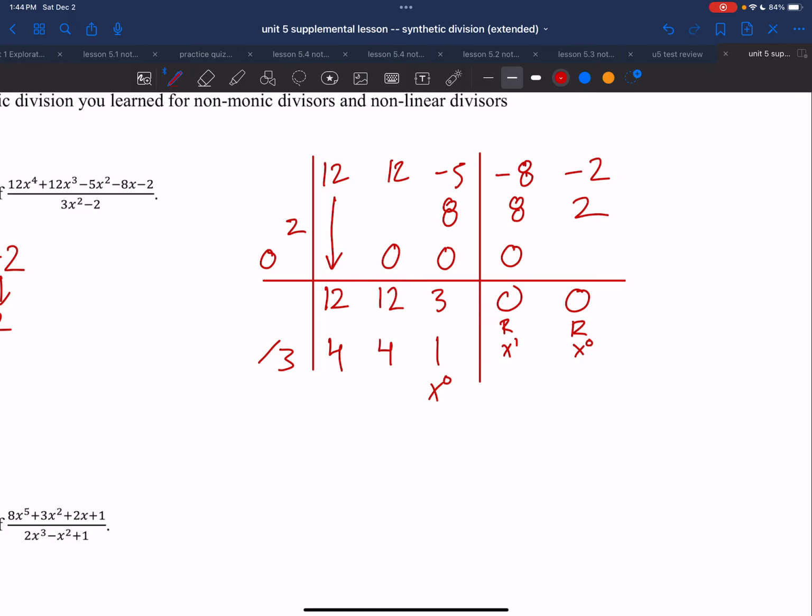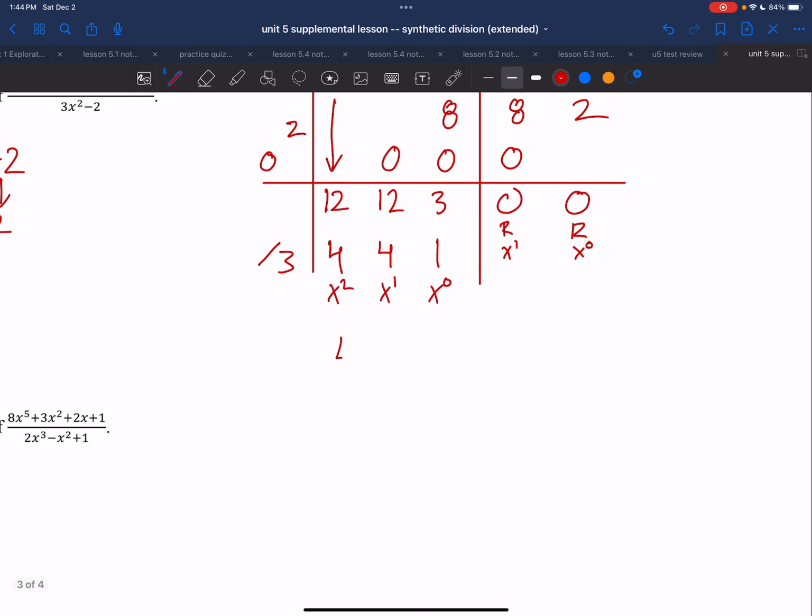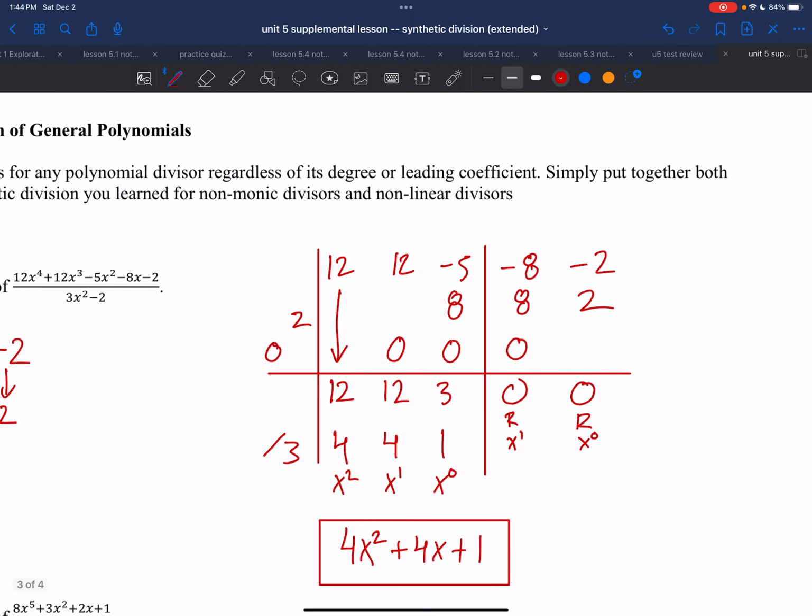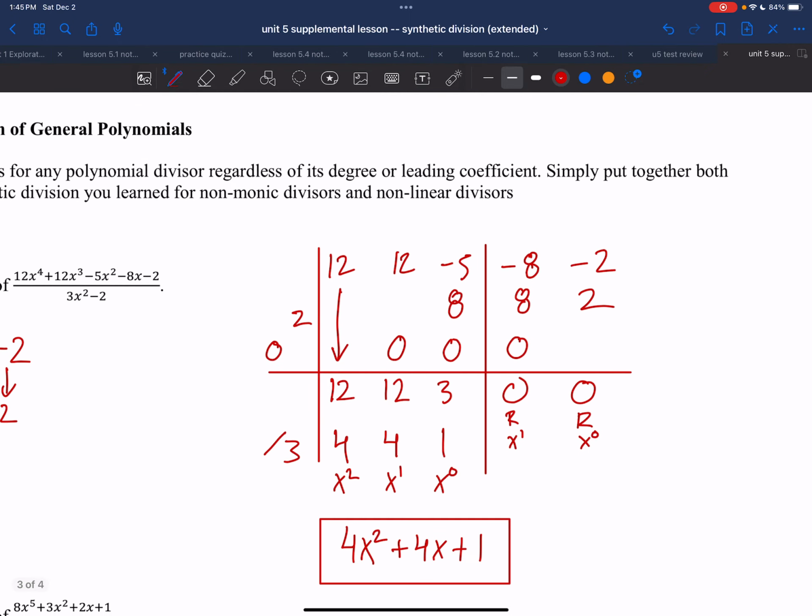This is the constant, linear, quadratic. And so what I'm left with is 4x squared, sorry, 4x, missed that, plus 4x plus 1. And this was an example of dividing evenly. So it's just both things put together, right?